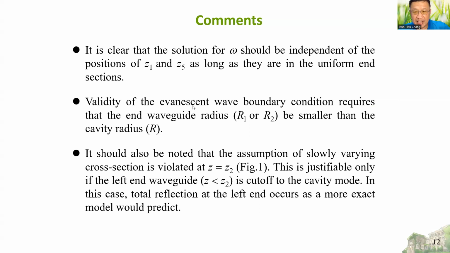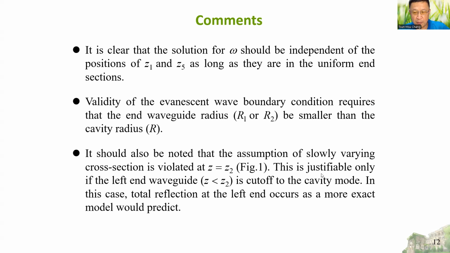The validity of the evanescent wave boundary condition requires that the end waveguide radius R1 or R2 be smaller than the cavity radius. It should also be noted that the assumption of slowly varying cross-section is violated at Z equals Z2, as we mentioned before.